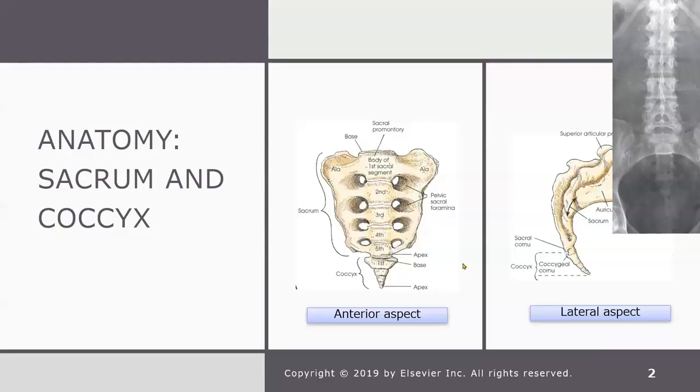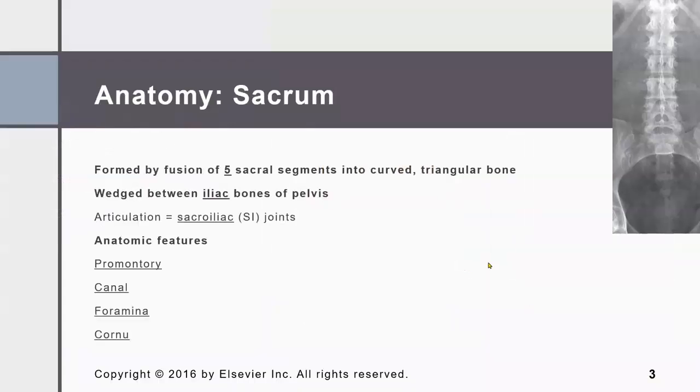So to move forward here, the 5 fused sacral segments would be considered a primary curve, the same direction as a thoracic, wedged between the iliac bones of the pelvis on either side, and as I stated earlier, where they meet together would be the SI joint.